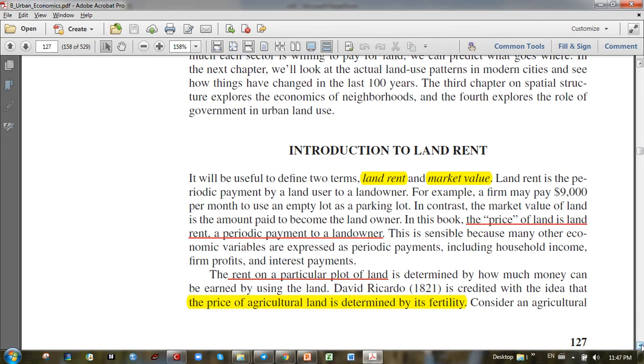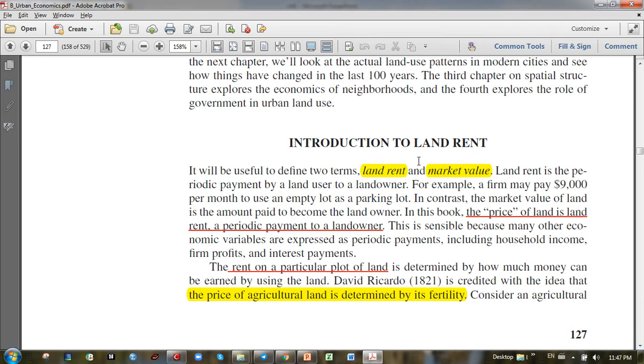The first point is the introduction to land rent, land rent market value, as I presented on my slide. You can read it on your own. I'm just briefly showing you, not reading it for you. Read it yourself and find some ideas to answer the questions you are responsible for.